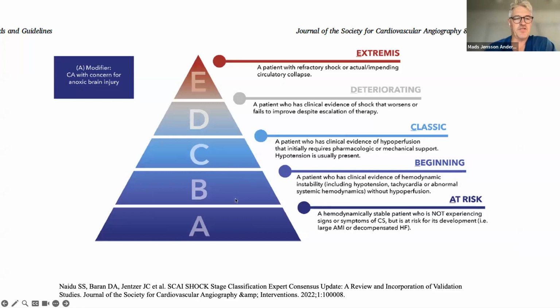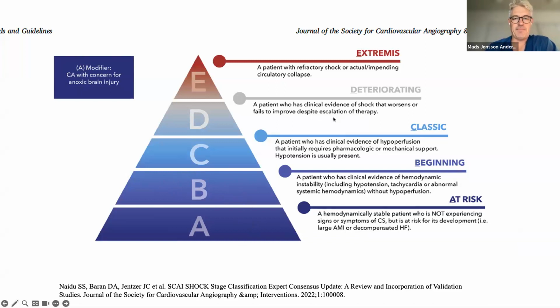If we start at the bottom, stage A, that is the patient at risk who is not currently experiencing signs or symptoms of cardiogenic shock, but is at risk for its development, i.e. patients with myocardial infarction, acute deterioration of heart failure, and such. Stage B is the beginning of the cardiogenic shock, where the patient has clinical evidence of hemodynamic instability, could be low blood pressure or tachycardia.